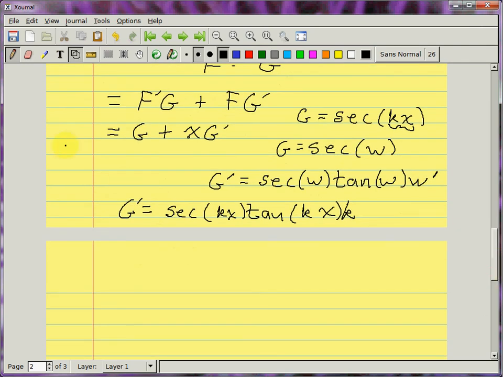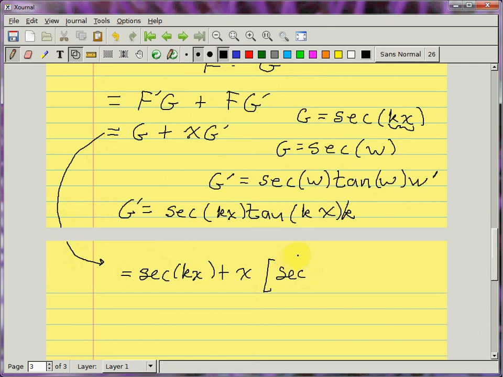And let's put it all together. So where were we when we left off? We were right there. So let's go ahead and finish. And so this should be secant kx plus x times all this stuff.